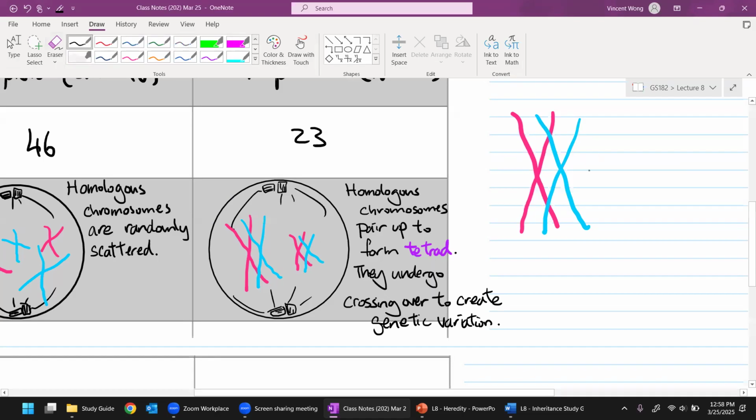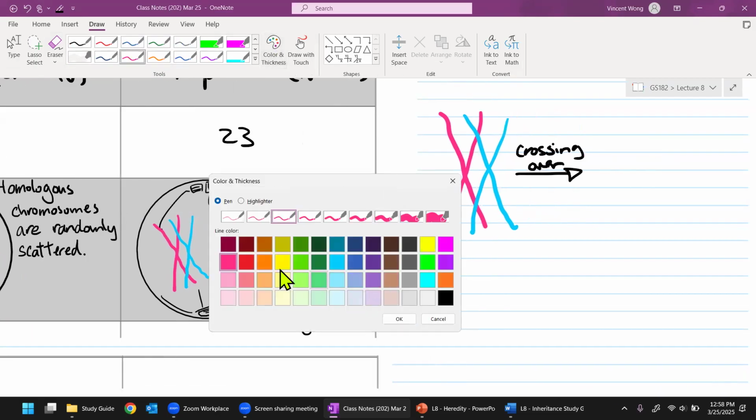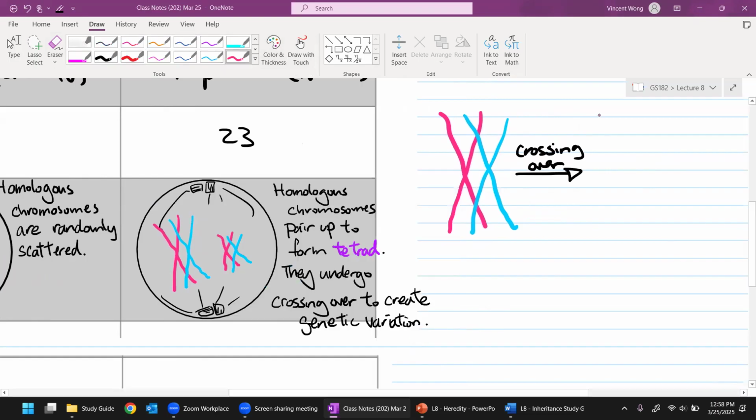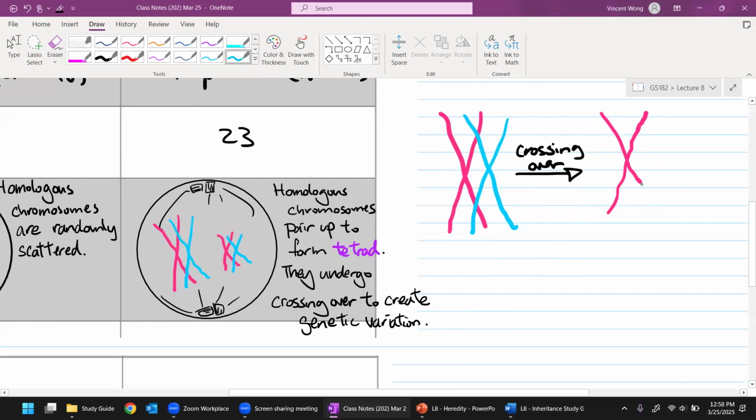And so afterwards, with crossing over, we're gonna have a little bit of blue on the red, and then there is gonna be a little bit of red on the blue.